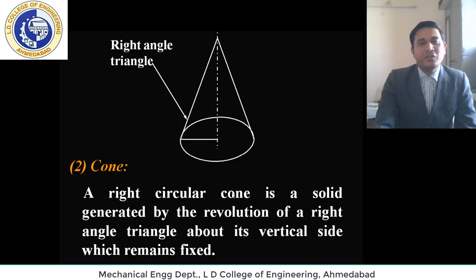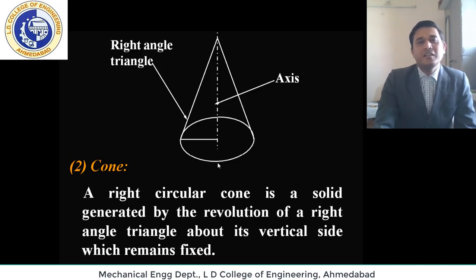So a right circular cone is a solid generated by the revolution of a right angle triangle about its vertical side. This vertical side will remain fixed. This is the imaginary line joining the apex, this is called the apex, and the center of the base, it's called the axis.